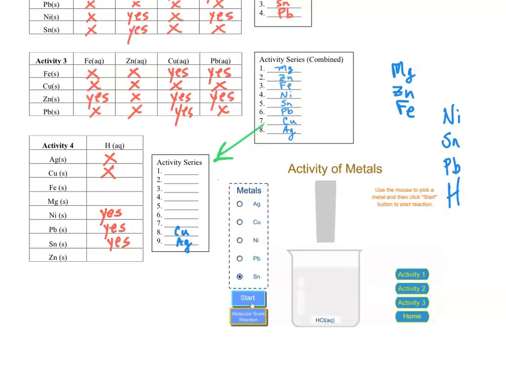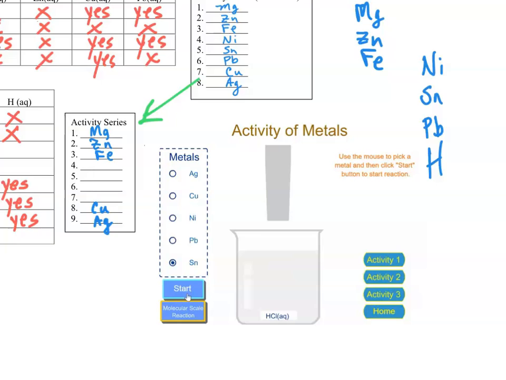Filling it in correctly then. Magnesium, zinc, iron, nickel, tin, and lead, and then hydrogen at number 7. All right, that is the activity series according to the data that we collected here.